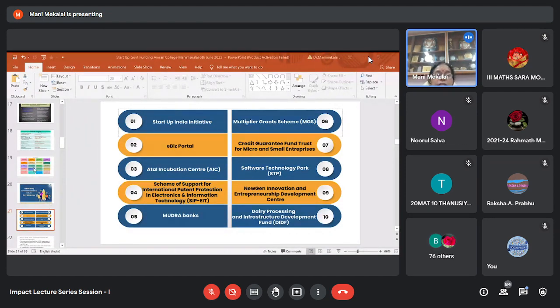We have just seen for the past 1 hour or so what the precautions for startups are and what facilities are available. Now I'll go to the proper schemes. I'll be spelling out the schemes, and I'll also give the website addresses and the list of programs. So when it is shared, you can click and see.